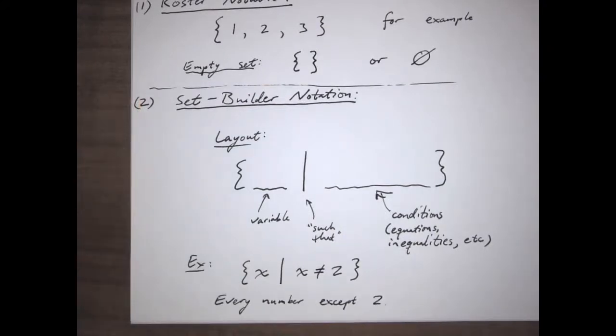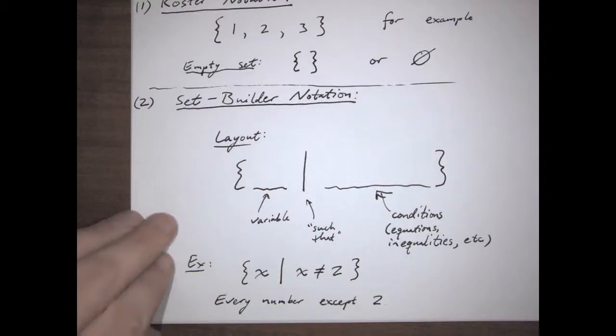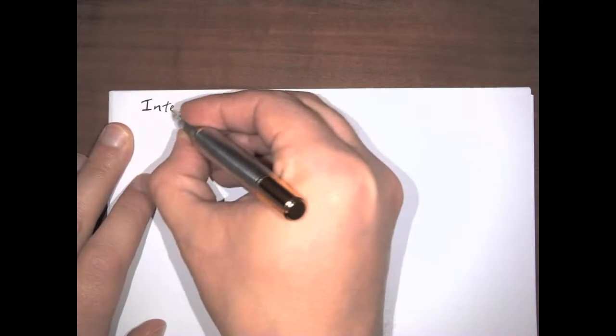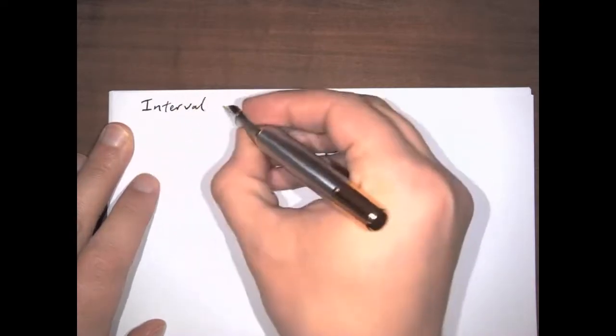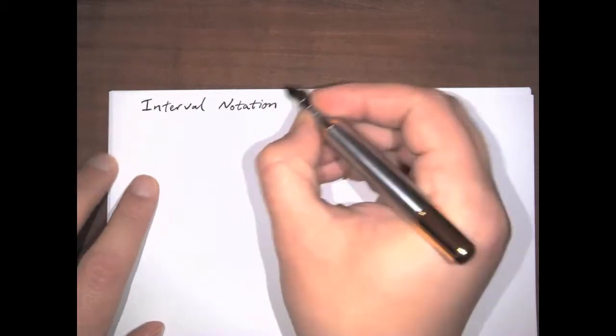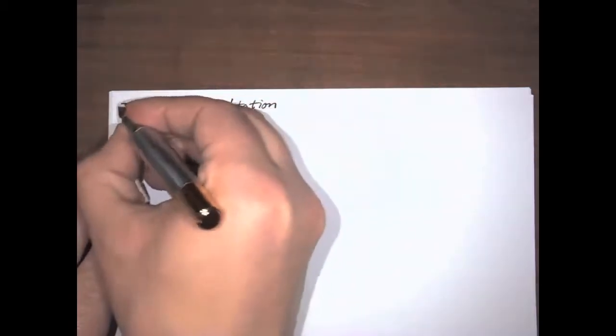All right, so those are two very commonly used notations, but one that your book is going to want you to use a lot in the case of domain and range is what is called interval notation. And the way that looks is as follows. So interval notation, this is the third category.